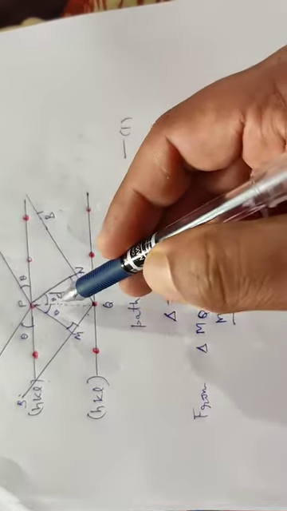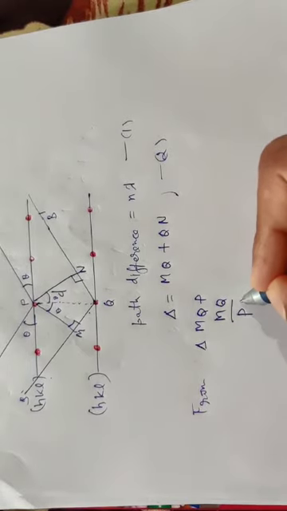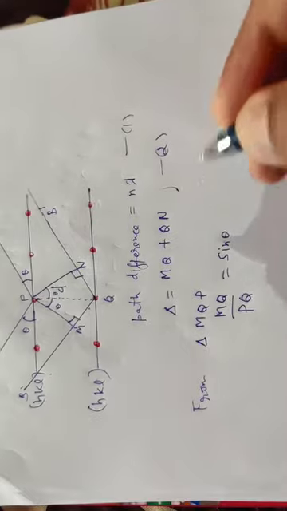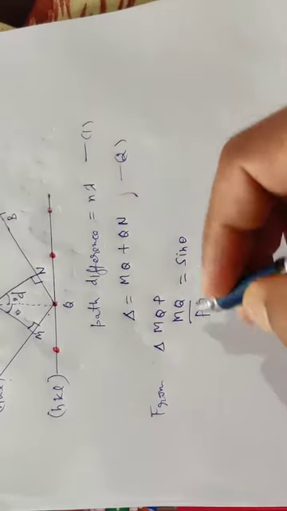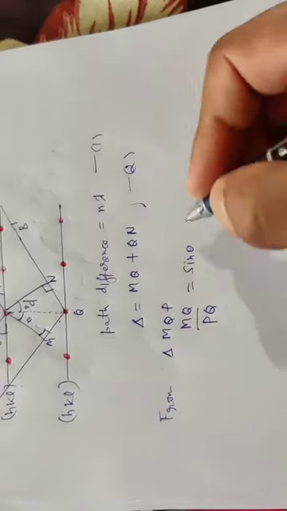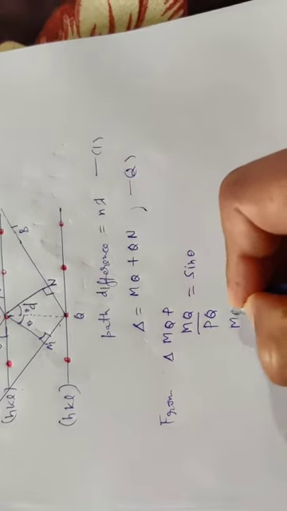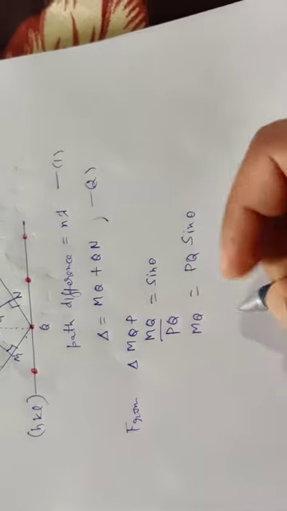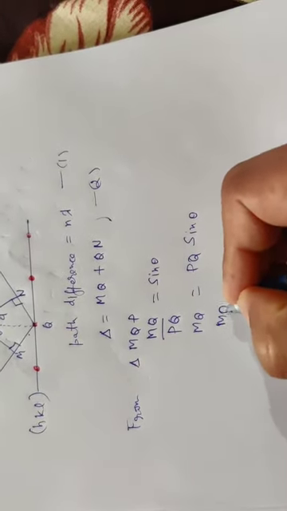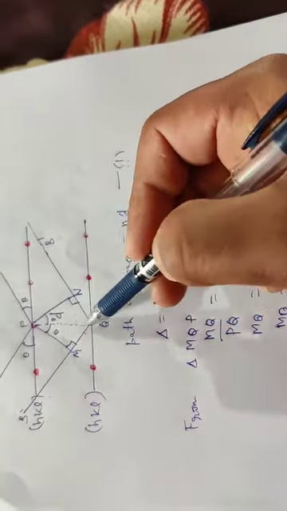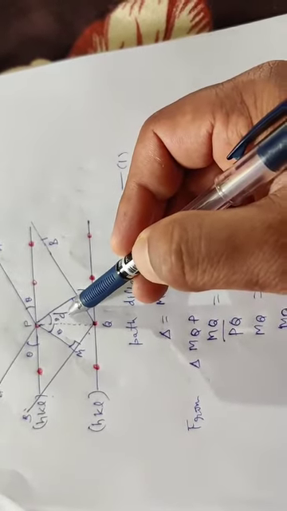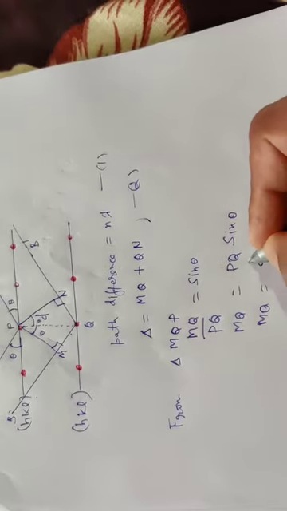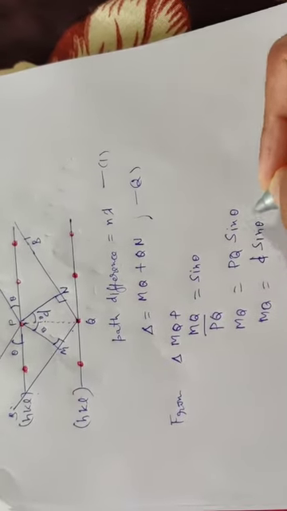Perpendicular upon hypotenuse, MQ over PQ, is equal to sine theta. So MQ is equal to PQ sine theta. Since PQ is nothing but the interplanar spacing between these two atomic planes, which is d, MQ will be d sine theta.